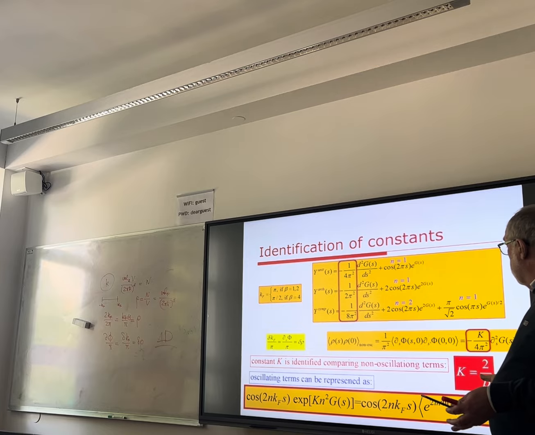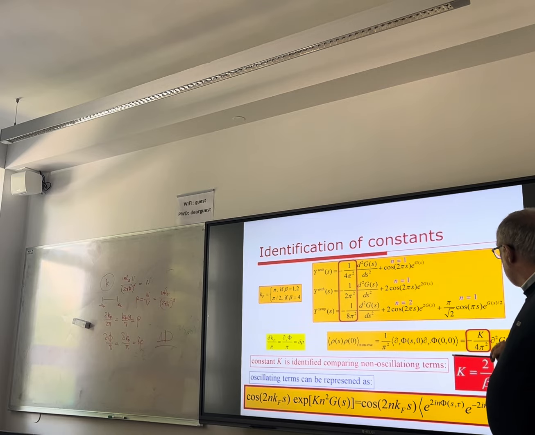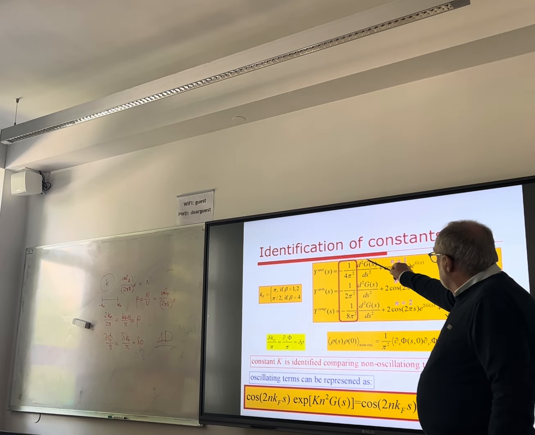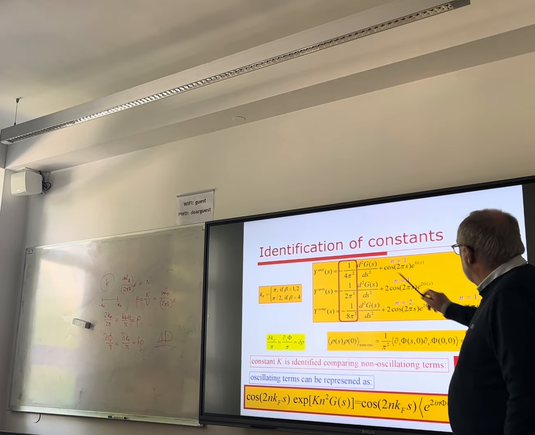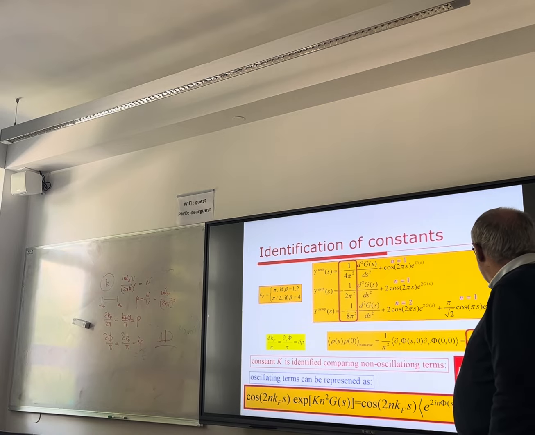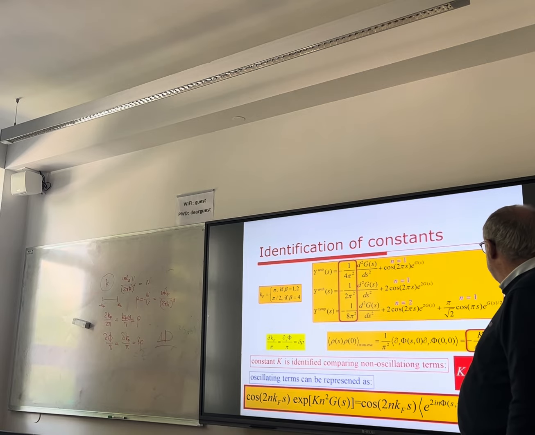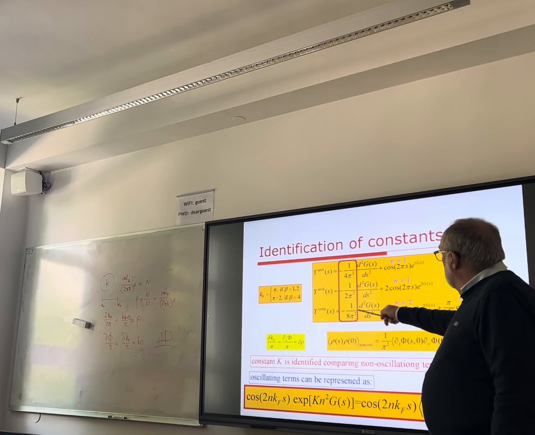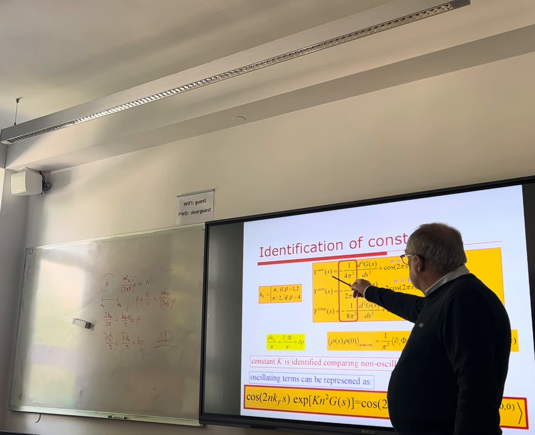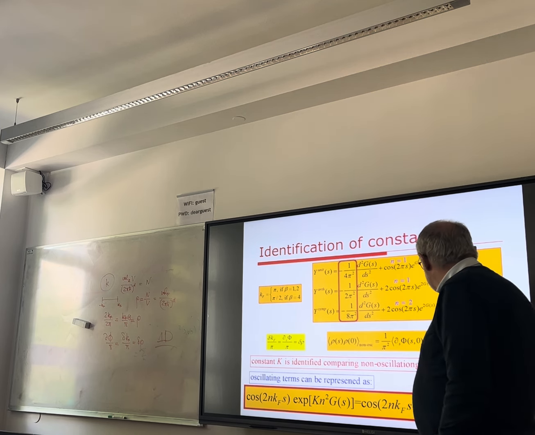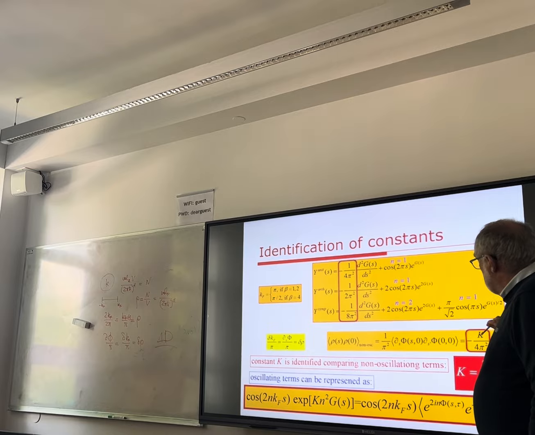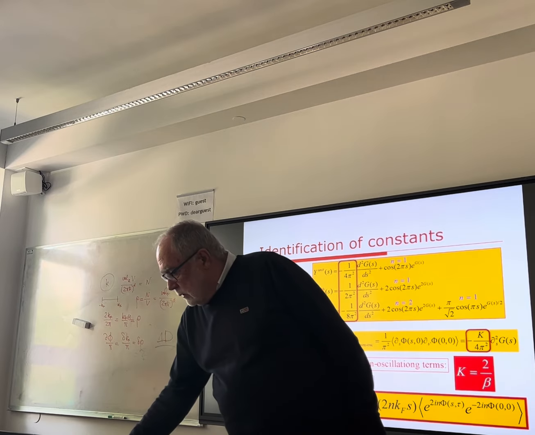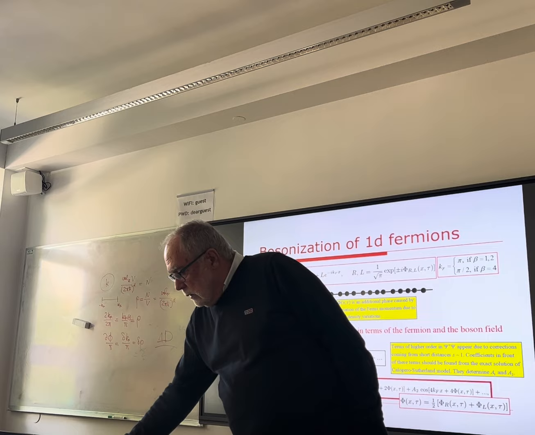And now you see what happens: here there is the second derivative of the function g, and here too there is the second derivative of the function g. But the coefficient in front depends on the ensemble. On the other hand, the coefficient here depends on the constant in this free boson action.